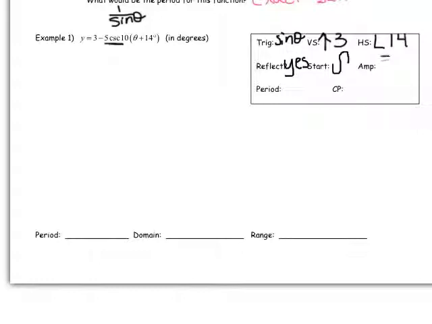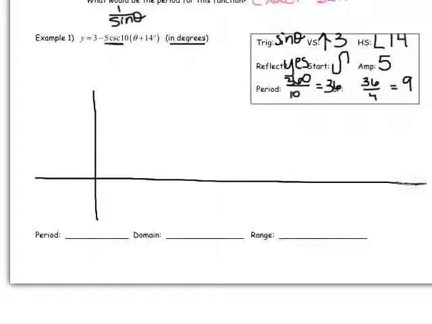My amplitude is 5. My period, we are in degrees right now, so the period in degrees starts at 360 for the parent function, and we're going to divide it by this number we see here, which is 10. So you get 36. And those critical points, we need to divide that among 4 places evenly to get 9. Alright, so I need to go left 14, up a little bit, and draw my XY axis for that. So when I go left 14, it's going to land me here.